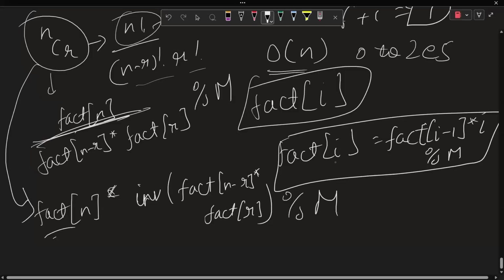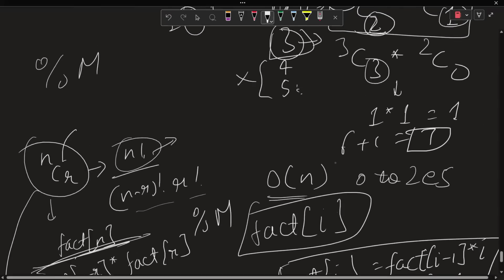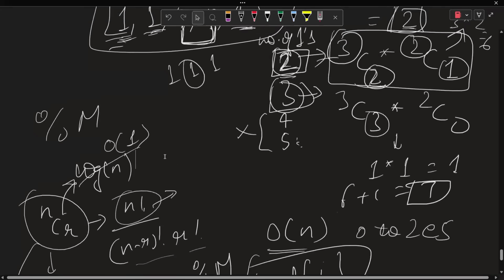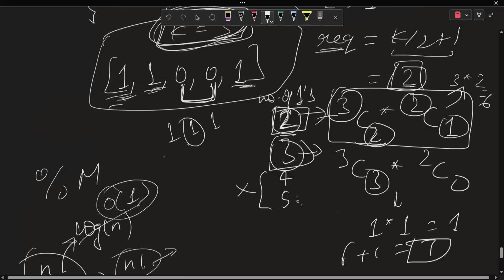So once you have pre-computed the factorials, inverting it would take log n time. So log n is not much. This nCr can be calculated in log n time. And if you pre-compute the inverse, this log n can also be reduced to O(1). I've done it in log n, but you can optimize it to O(1) by pre-computing the inverse also.